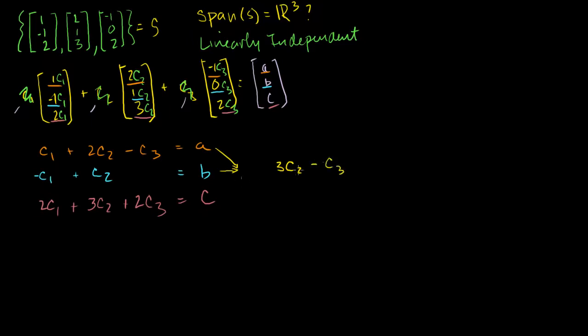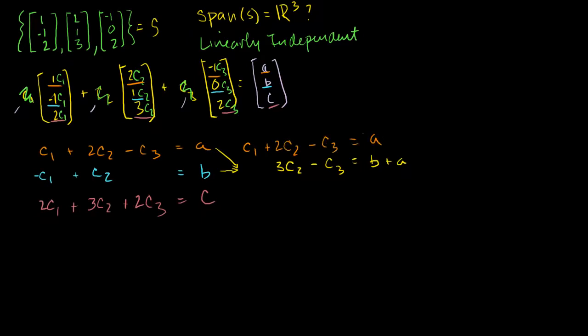Minus C3 is equal to, and I'm replacing this with the sum of these two, B plus A. Let me write down that first equation on the top. The first equation, I'm not doing anything to it. So I get C1 plus 2C2 minus C3 is equal to A.